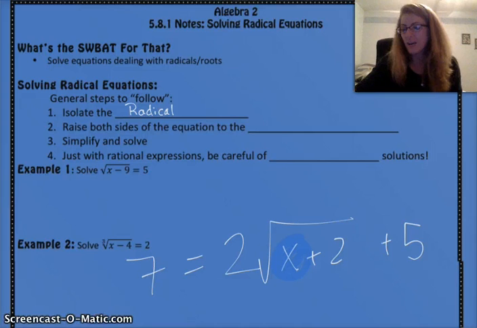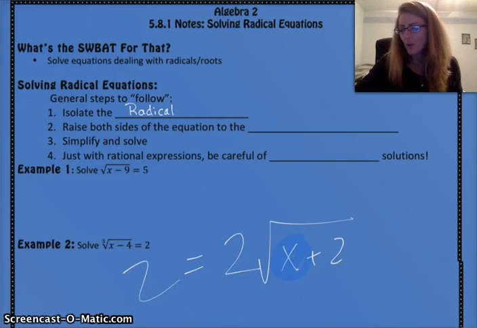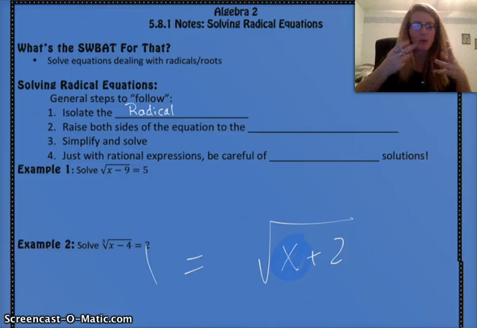So you take away the 5 first onto the other side, and then you have to divide by 2, and you just start pulling away layers to get to the x.